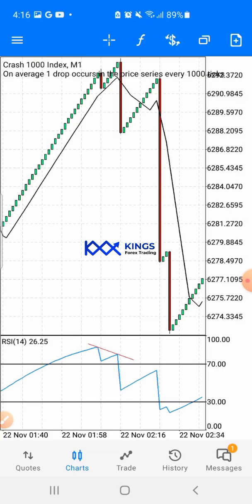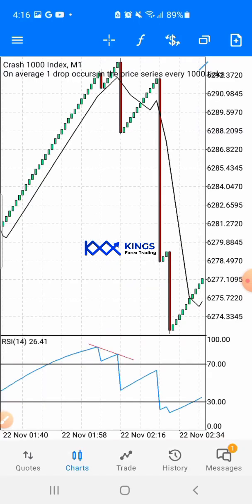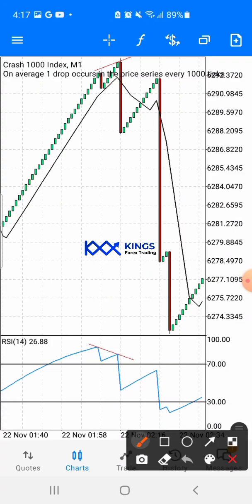That's what RSI is showing, that the momentum is down, while our main chart is giving us a higher high, which is the opposite of what we have on the RSI. So what we have here is different from what we have here. That's divergence for you.